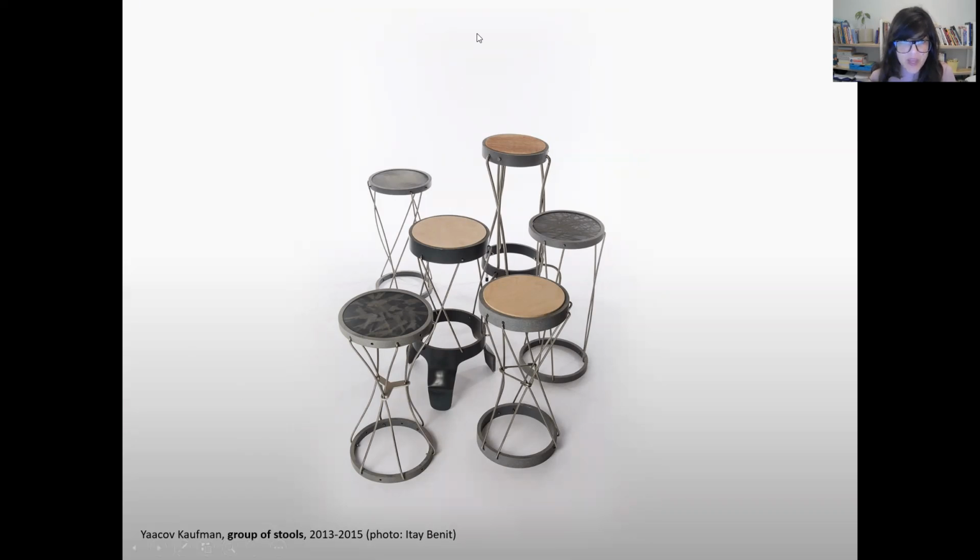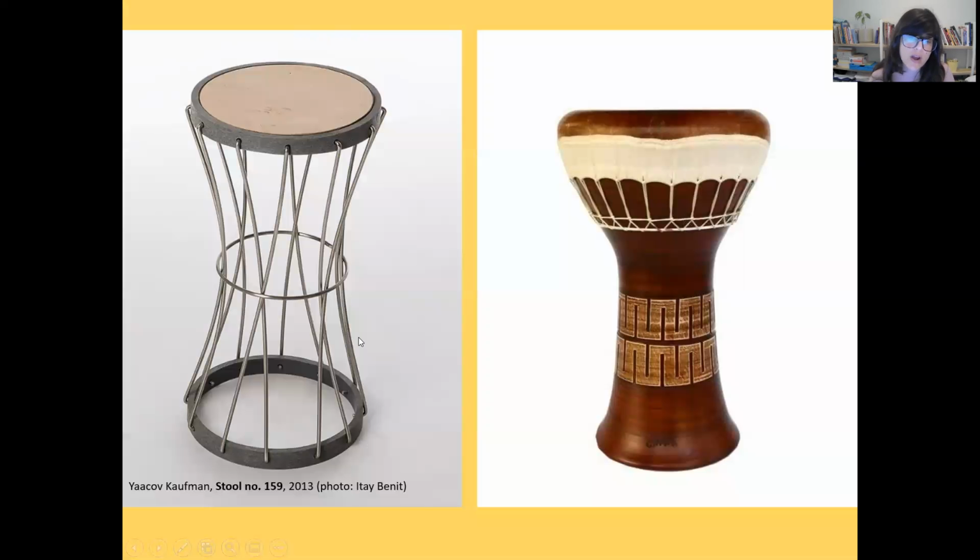For example, a group of 30 stools represents various expressions of the familiar Bauhaus concept of form follows function through the idea of geometric lock, in which a structure holds itself without external joints, which also affords very lightweight stools. At the same time, several stools have some visual characteristics reminiscent of the darbuka drum, a sight common in Old Jaffa, where Kaufman's studio is located.